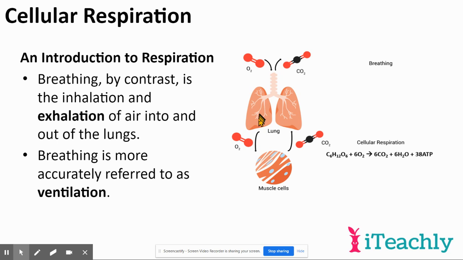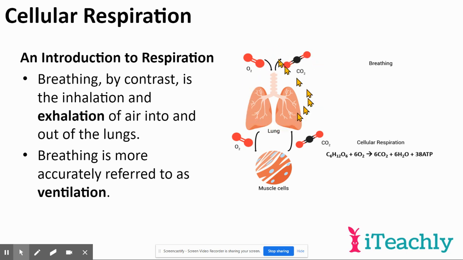That oxygen gets into your red blood cells, which carry it to your muscle cells, and then the mitochondria use that oxygen to make ATP, and a byproduct of making ATP is CO2. That CO2 goes back into your bloodstream, back to your lungs, and you breathe it out.